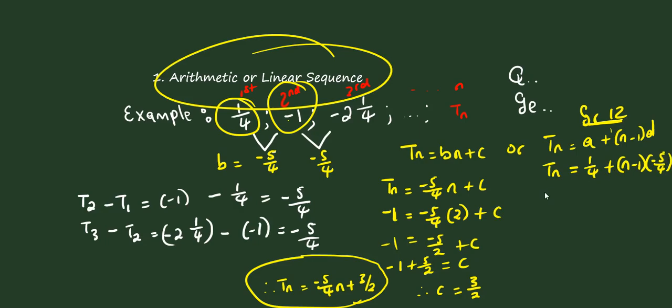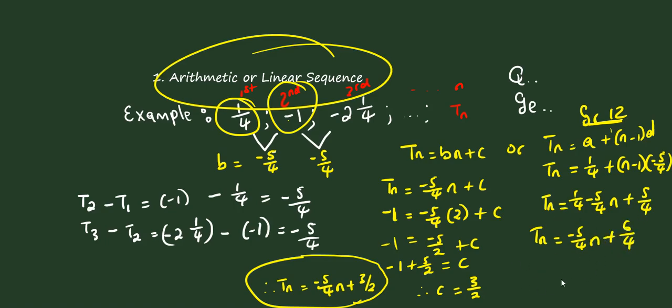After you're done doing that, you say Tn equals 1 over 4 plus negative 5 over 4 times n. That is negative 5 over 4n, and then negative 5 over 4 times negative 1 is going to be plus 5 over 4. Therefore my Tn equals negative 5 over 4n, and then 1 over 4 plus 5 over 4 gives you 6 over 4.